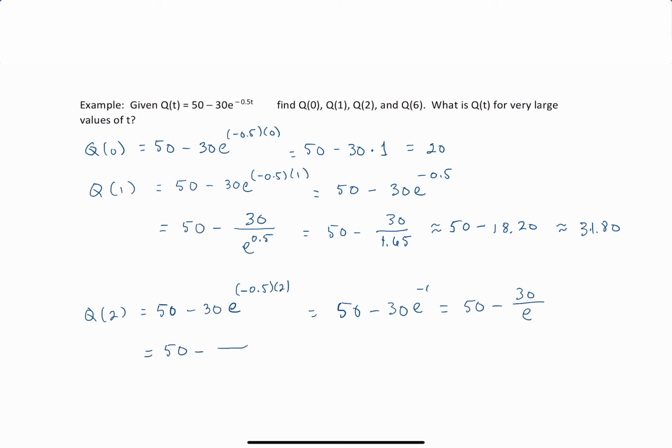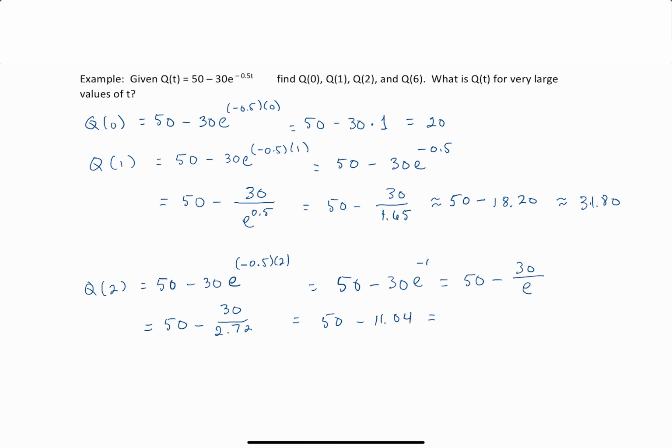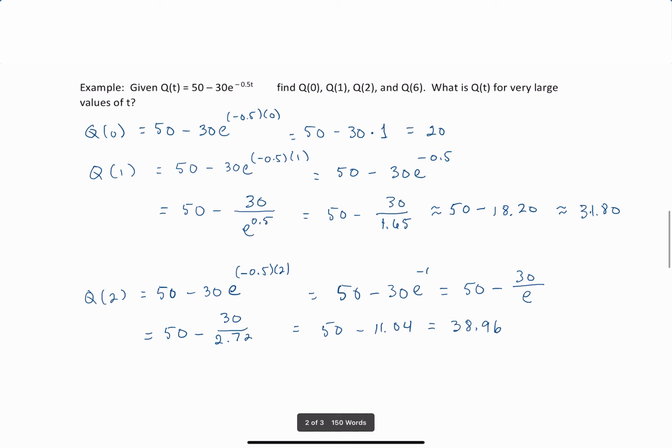So we have 50 minus 30 over about 2.72. In other words, 50 minus about 11.04, and that would be about 38.96 units that the employee could assemble. So they're getting faster, right? They can assemble more. First they assembled only 20, then 31.8, then 38.96.